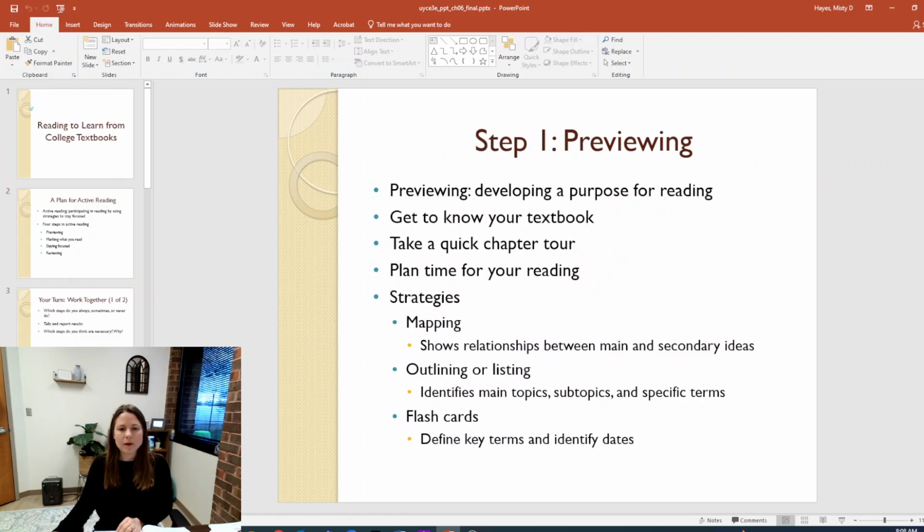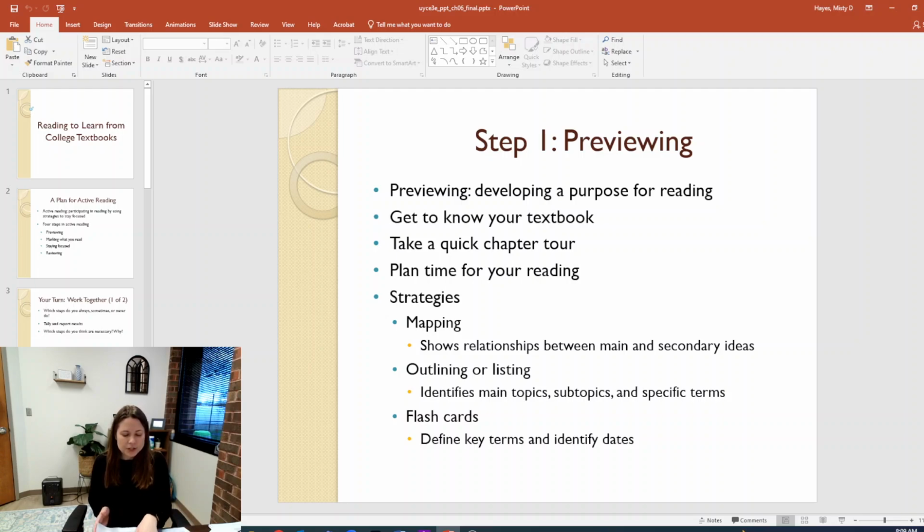Each PowerPoint slide will talk a little bit further about what each of the steps in active reading looks like. When you're previewing, really you need to develop a purpose. That means that you need to get to know your textbook, right? So you're going to take a quick chapter tour of chapter 6. You're going to look through it, really looking at the main headings.